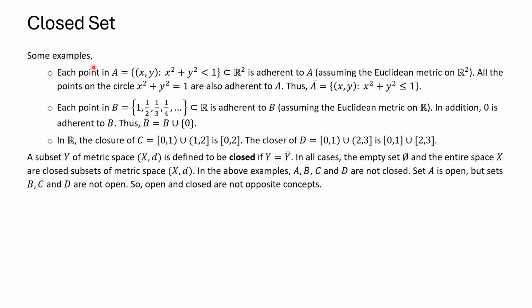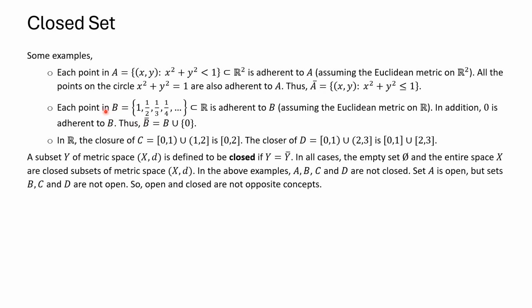Just going back to our examples from the previous slide, which I've recopied here, we can see that A is not closed since it doesn't equal its closure, but the closure of A is closed. That's always true. The closure of a set is always closed. We'll prove that later.